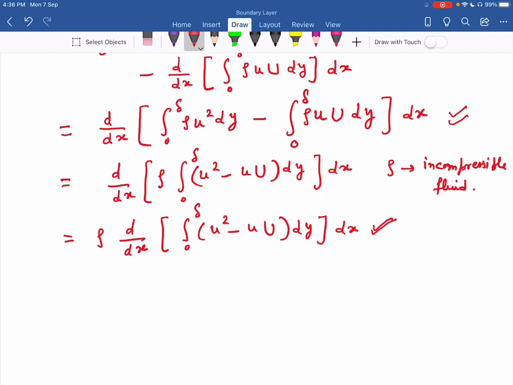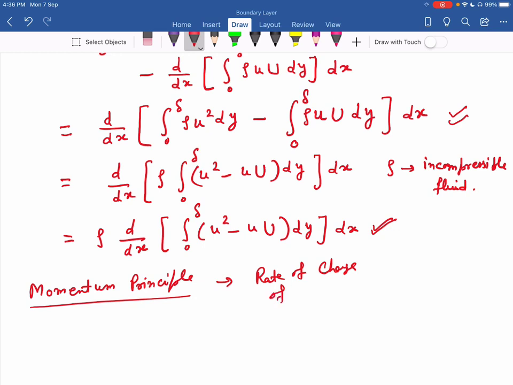Now I apply here the momentum principle. The momentum principle says the rate of change of momentum on the control volume must be equal to the force applied, and the direction is the same in which this rate of change of momentum takes place.